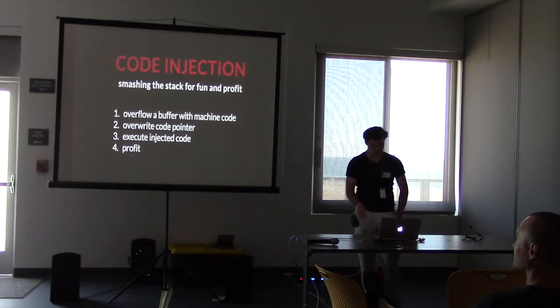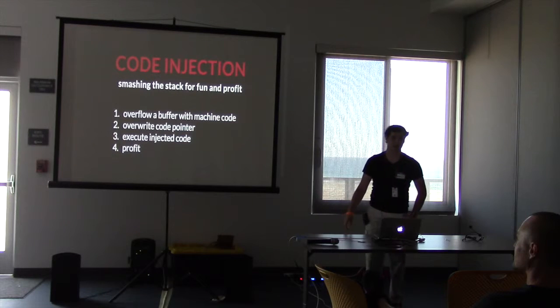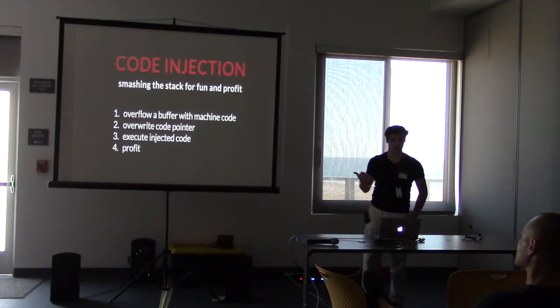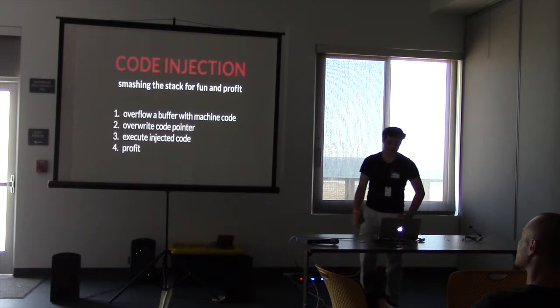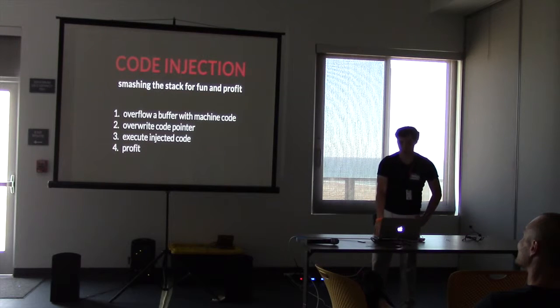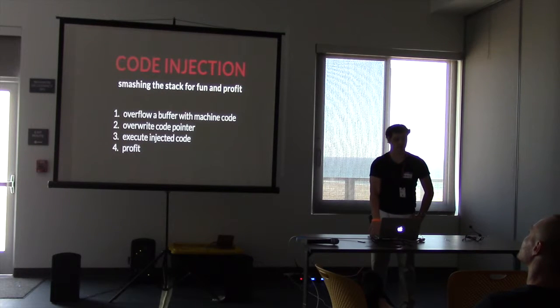This is pretty easy, and has been around since 1996. If you haven't seen this, go read the Phrack article. But why don't we still use this? Well, we can't, and I'll go through explaining why.